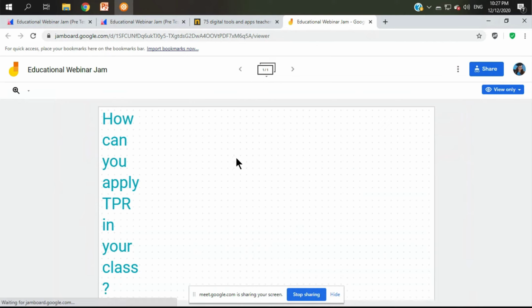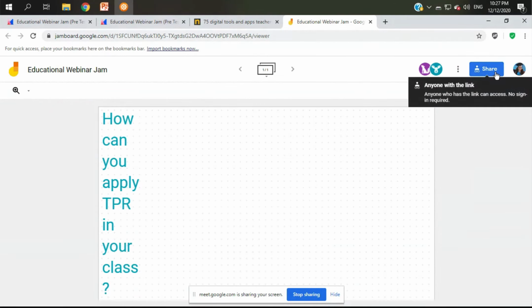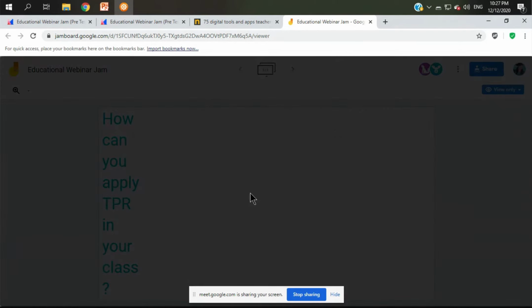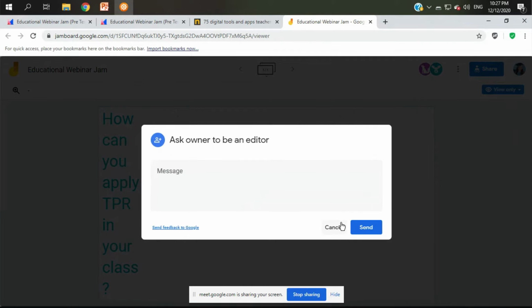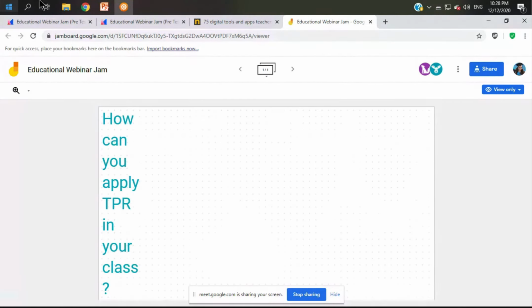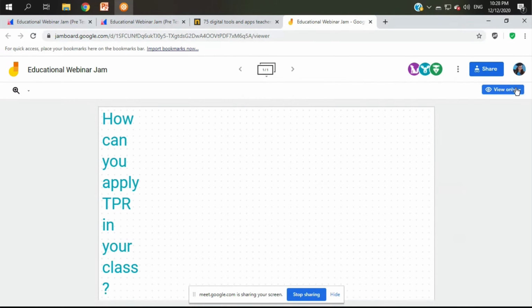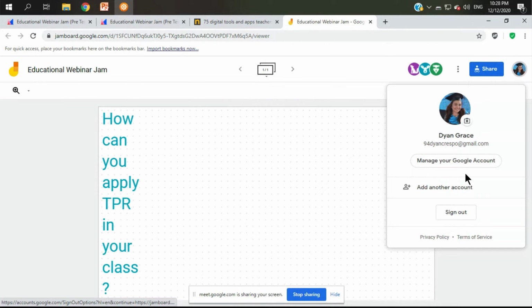Okay, so this is an example of a Jamboard, and what you could do is write it down, supposedly, but the problem is I should be the author.